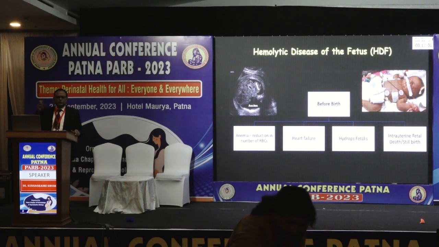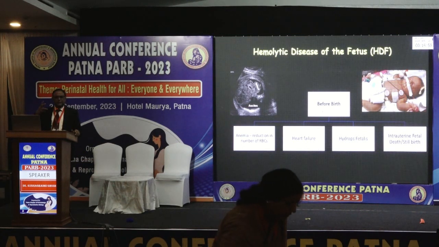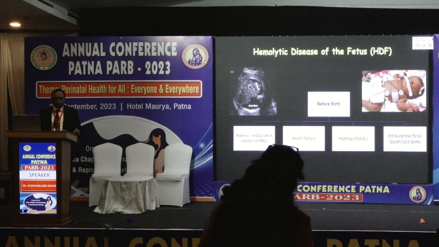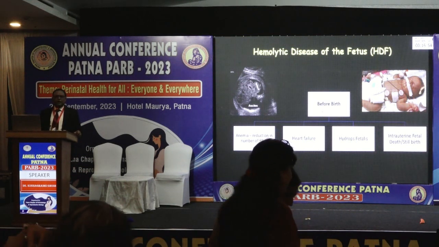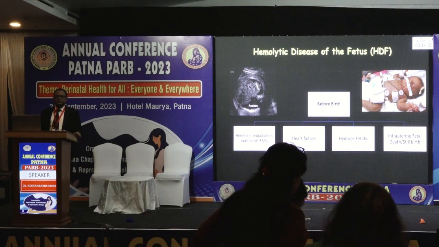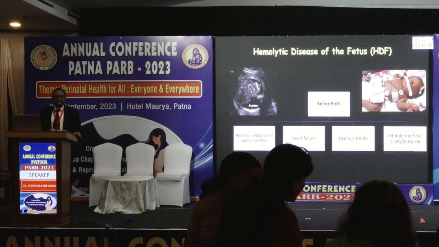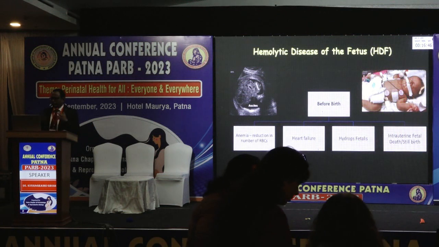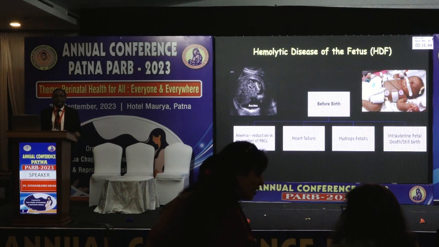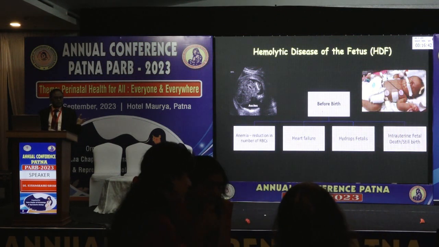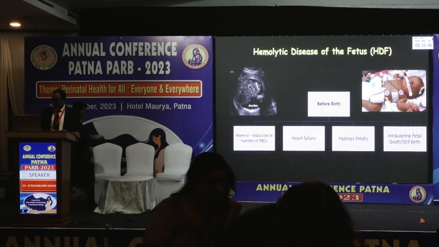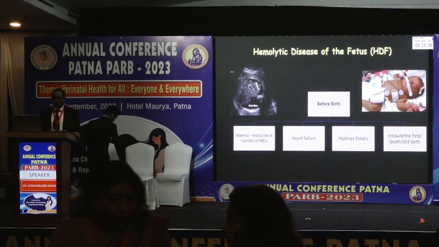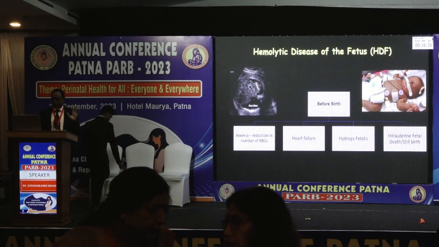The heart tries to pump more blood by increasing the heart rate and the cardiac output, and in doing so, the heart fails and it produces congestive cardiac failure, as is evidenced by waterlogging everywhere in the forms of hydrops, polyhydramnios, placentomegaly, etc. And when the hypoxia occurs further, it results in fetal death, intrauterine fetal death. That happens before birth.